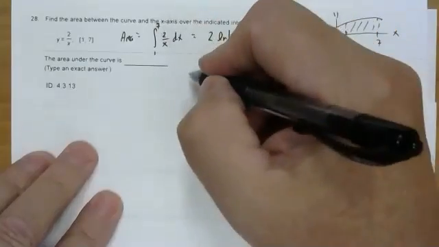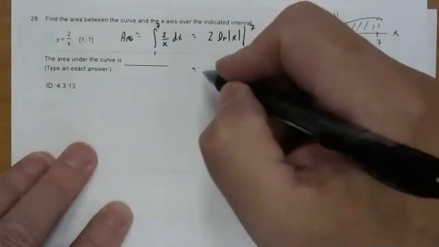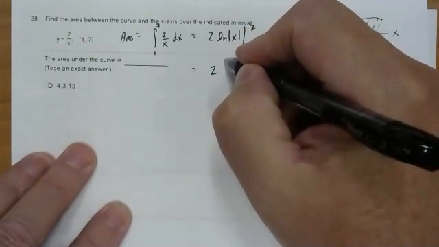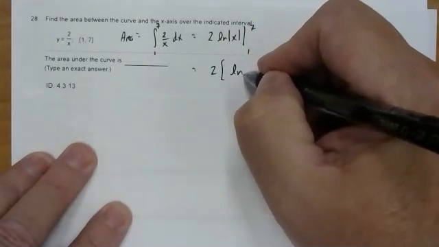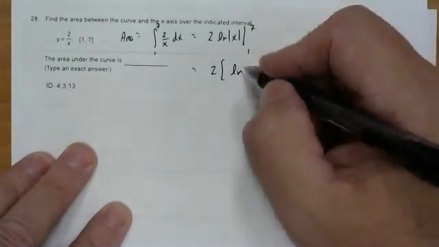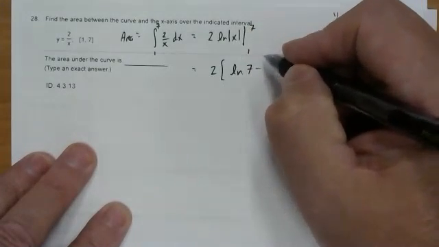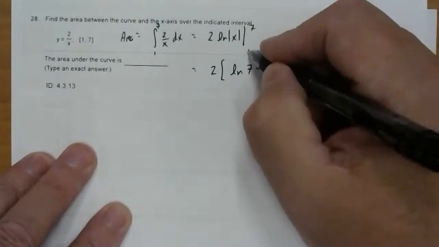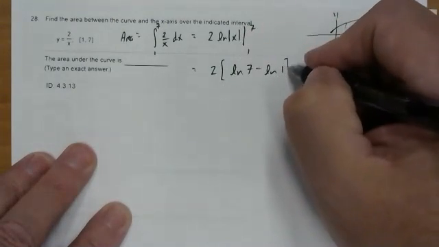So as I work this out, I'm not going to use my calculator. So 2 natural log, put the 7 in first. Obviously, that's just 7, minus natural log of 1.